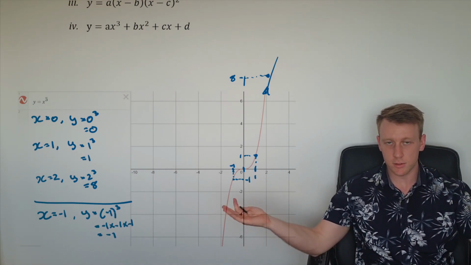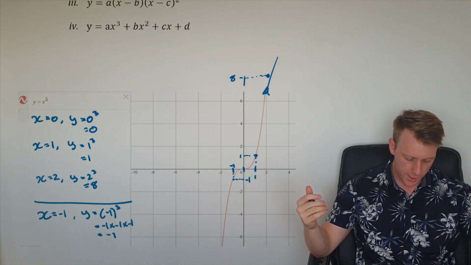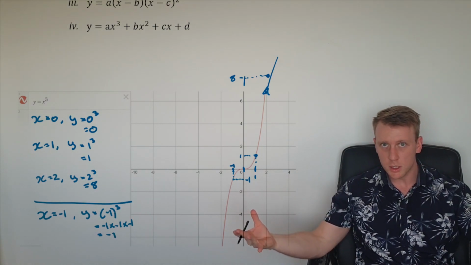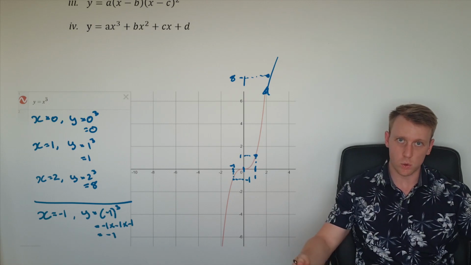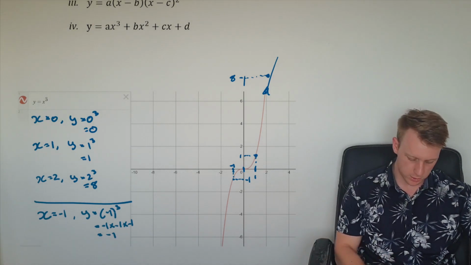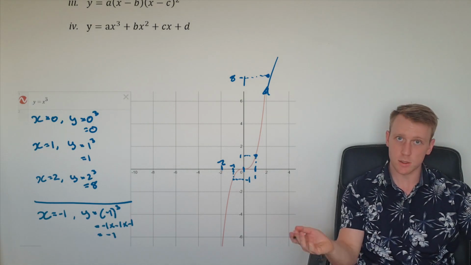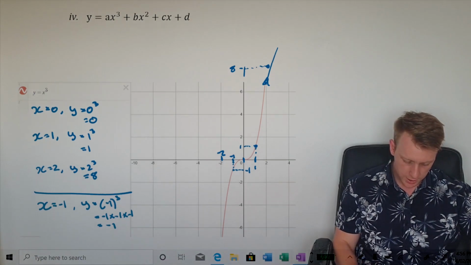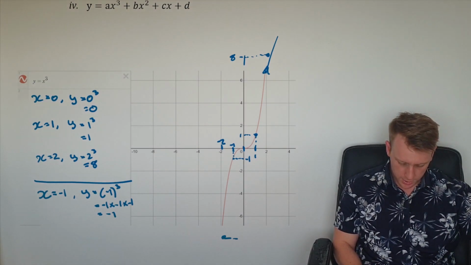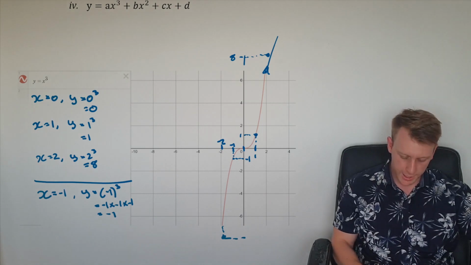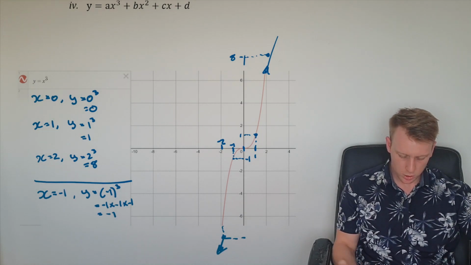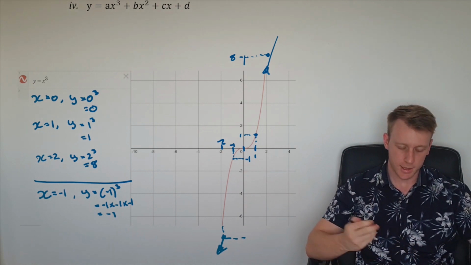Three negatives multiplied together gives you a negative. And so a negative number cubed is always going to be negative for that reason. So when you go x equals -2, it takes this symmetrical shape down here, and as you go further negative, the graph will continue down that way.